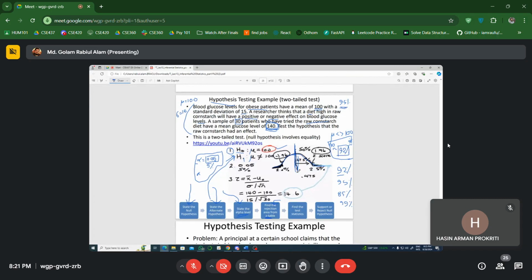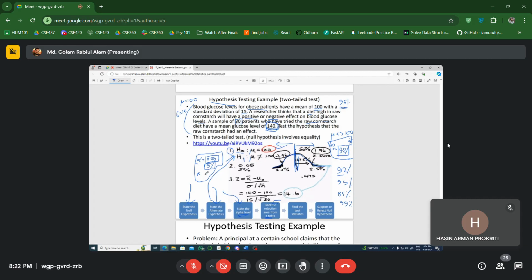We know that the normal distribution is symmetric. That means we get 50% of the data on the left side and 50% on the right side. Now, for this 50%, we have to consider our error also. So we consider that alpha is just 5%.